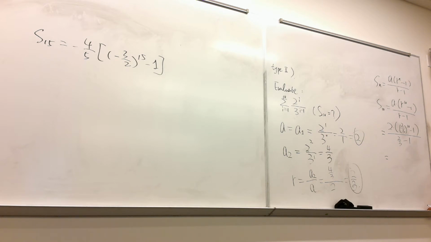Guys, if you have trouble on that, I don't know what I'm going to do. 2 over 3 minus 1, what is it? Negative 1/3. Good job, guys. You are excellent. Negative 1/3, and then multiply by the reciprocal, which is negative 3. So it gives you negative 6 times 2 over 3 to the power of 10 minus 1. And guys, because this power is too big, you don't need to do the calculation, and that's your final answer.